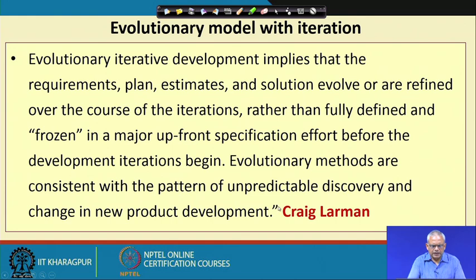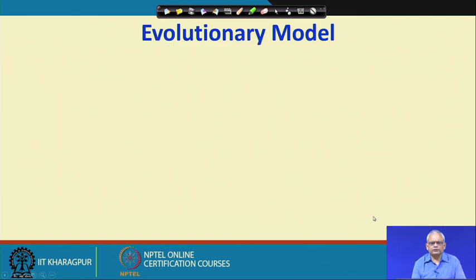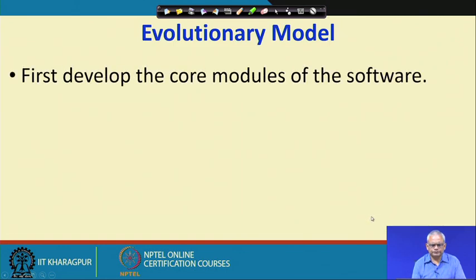Evolutionary methods are consistent with the pattern of unpredictable discovery and change in new product development. So, Craig Larman also agrees that upfront specification is very difficult and the evolutionary model is bound to be much more useful in real life projects. Let us look at what is involved in the evolutionary model.